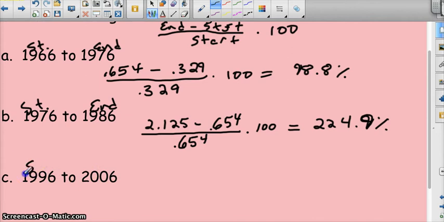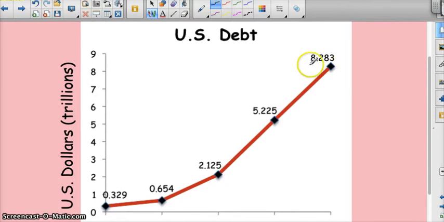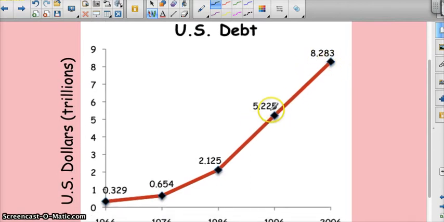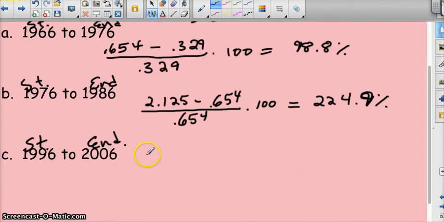So here we go. This is the starting point because it's the first one. This is the ending point because it's the second part of the interval. Let's go back to our example. In 2006, it was 8.283 trillion. In 1996, it was 5.225 trillion. So those are the numbers we'll use. All right, end minus start divided by start times 100. Our ending point was 2006, and it was 8.283.